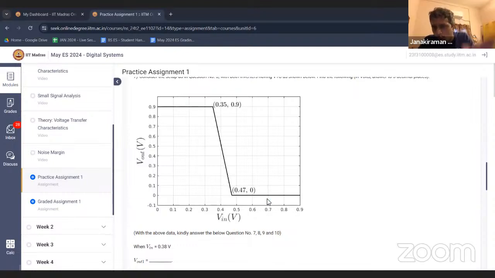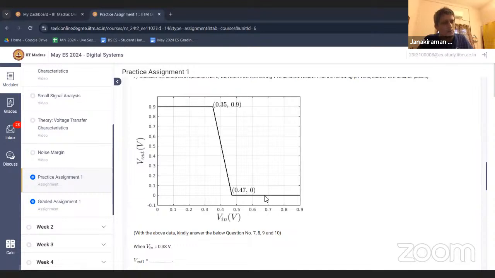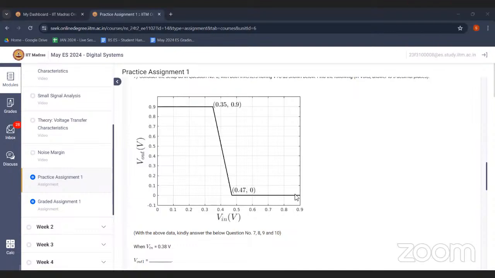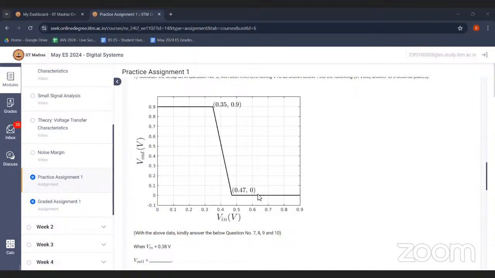So what you saw as the indeterminate region in the first inverter is actually not an indeterminate region when I put two inverters together, because 0.38 volt is resulting in an output voltage which is perfectly zero. You get my point? Yes, sir. So if I plot this together, that indeterminate region will shrink. That is what is happening over here also. Exactly, that's what is happening.